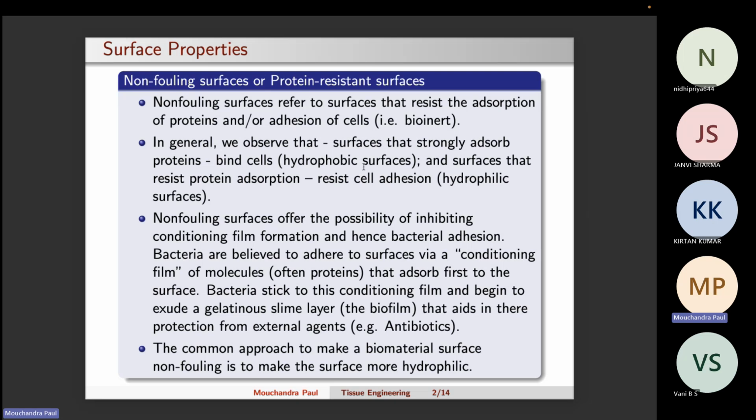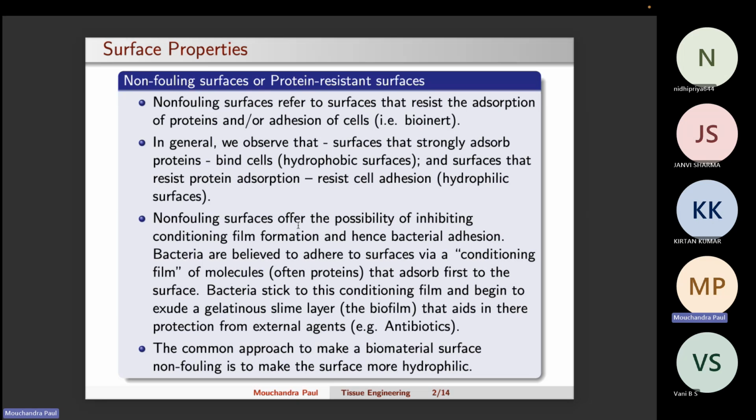If hydrophobicity is extreme, at the highest level, then the cells won't adhere. Also, if the surface is very, very hydrophilic, then also cells won't adhere. So in this lecture, we will understand the mechanism of why we see this kind of observation when we use these materials.